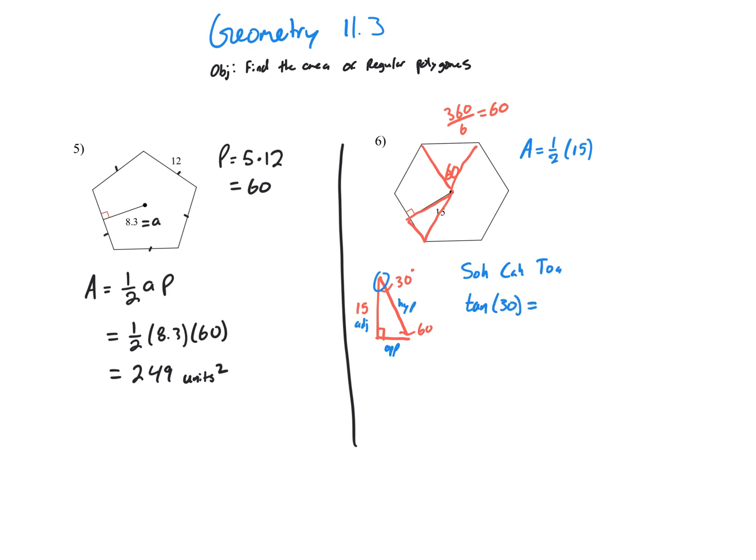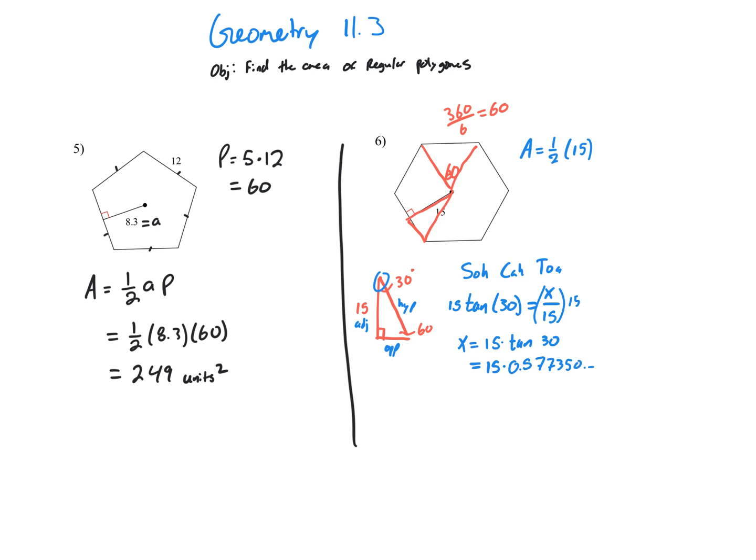So I'll say tangent of 30 is equal to opposite, I'll call that x, over adjacent, 15. So to solve for x, which is being divided by 15, I will then multiply it by 15. So that x is going to equal 15 times tangent of 30, which would be 15 times this really long decimal, 0.5773550, keep going on for a while.